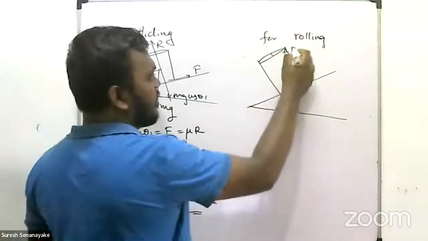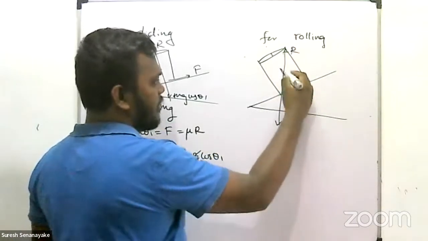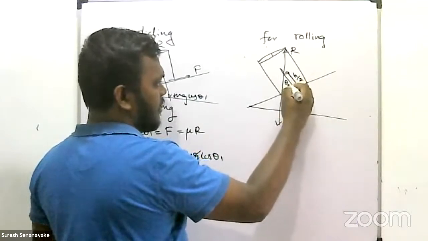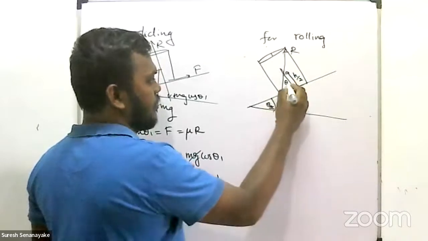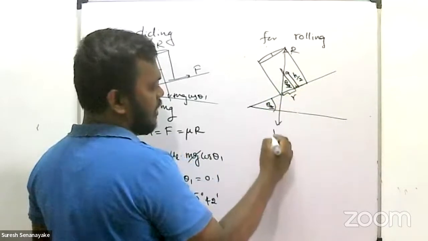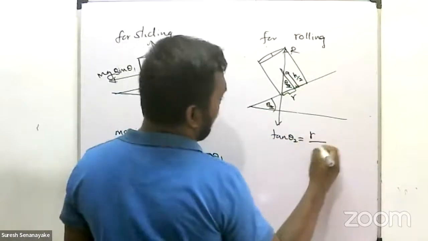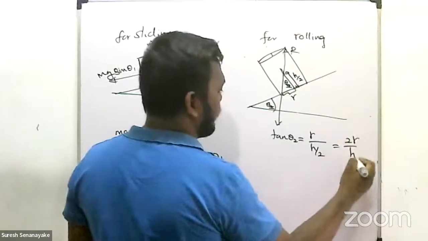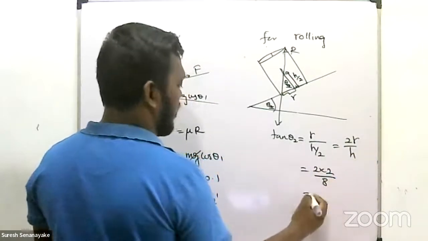That's why the normal reaction is acting here. So this is the radius and this is the height. Let's say this angle is theta 2. Then tan theta 2 for the rolling case is r divided by h over 2, that is 2r over h. r is 2 and h is 8, so it's half.